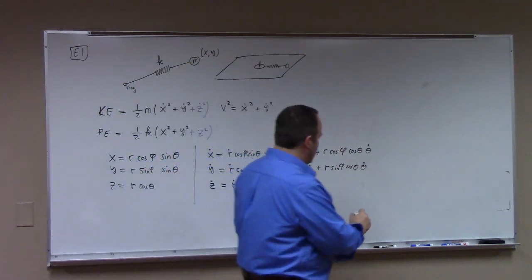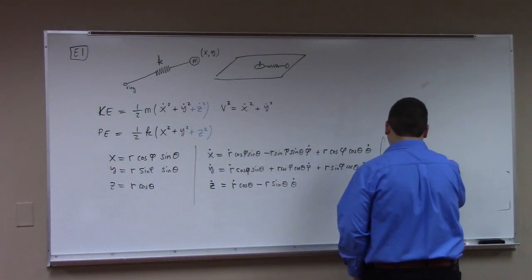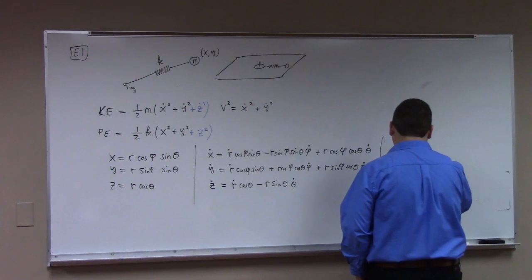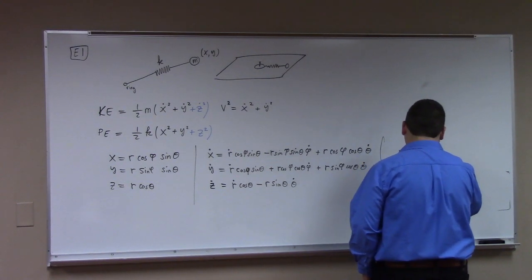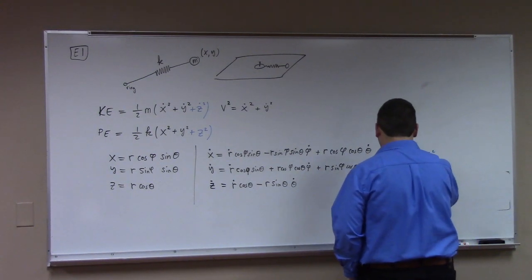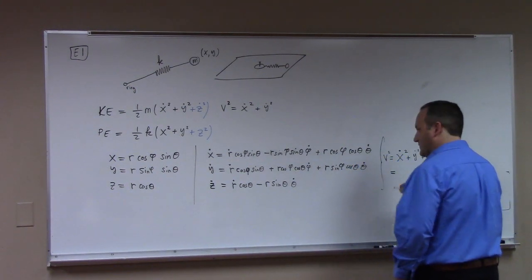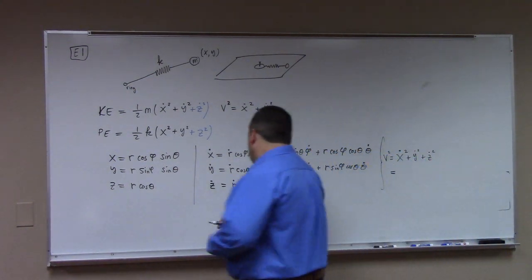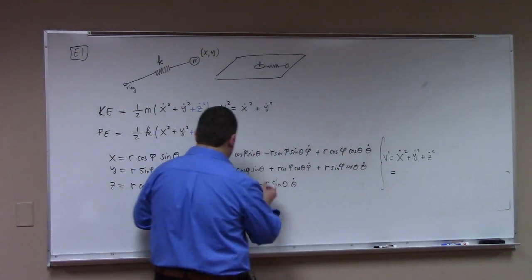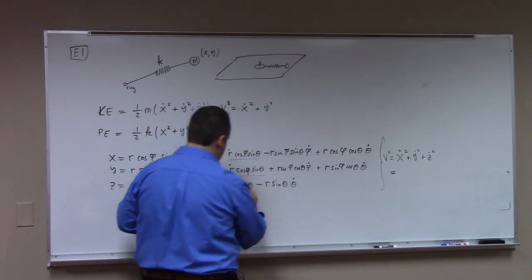So if you take this and you calculate the speed squared, x dot squared plus y dot squared plus z dot squared, what does the speed squared in three dimensions work out to in spherical coordinates? If you focus your attention on the r dot terms, you can see what happens.